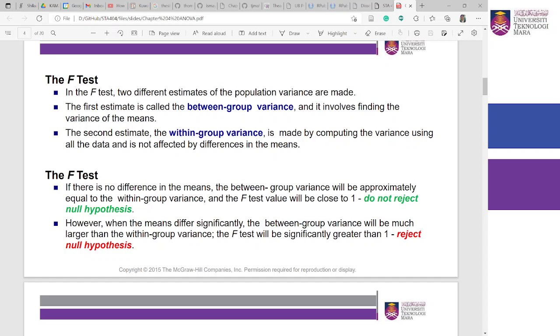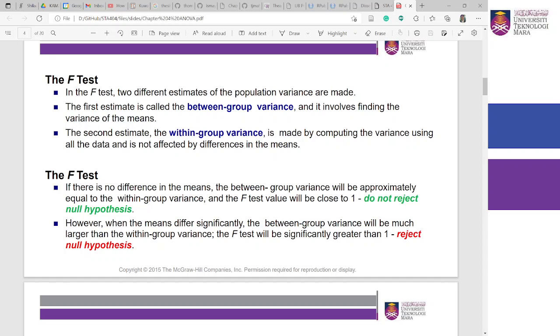So in F-test, we are looking at the ratio of the between group variance to the within group variance. So bila kita tengok ratio, kalau katakan dia hampir sama, there's not much difference. That means the ratio will definitely be close to 1. However, if the between group variance is much larger than the within group variance, then it will be larger than 1.